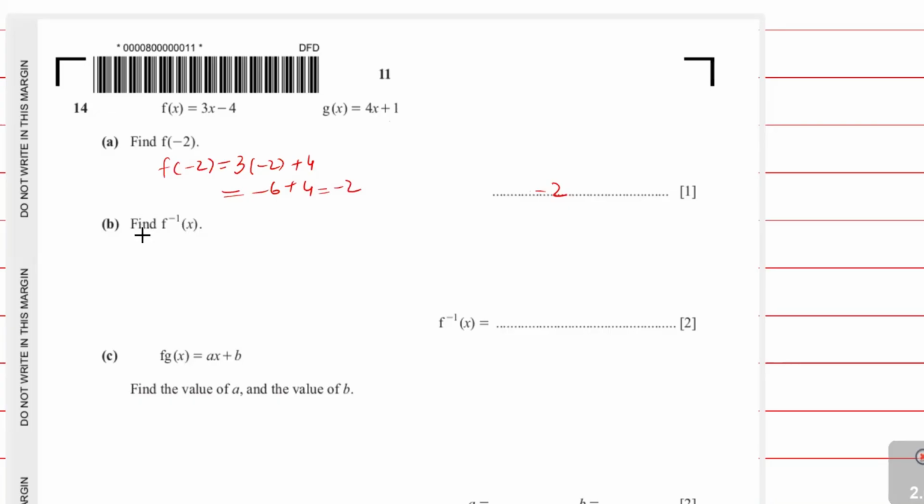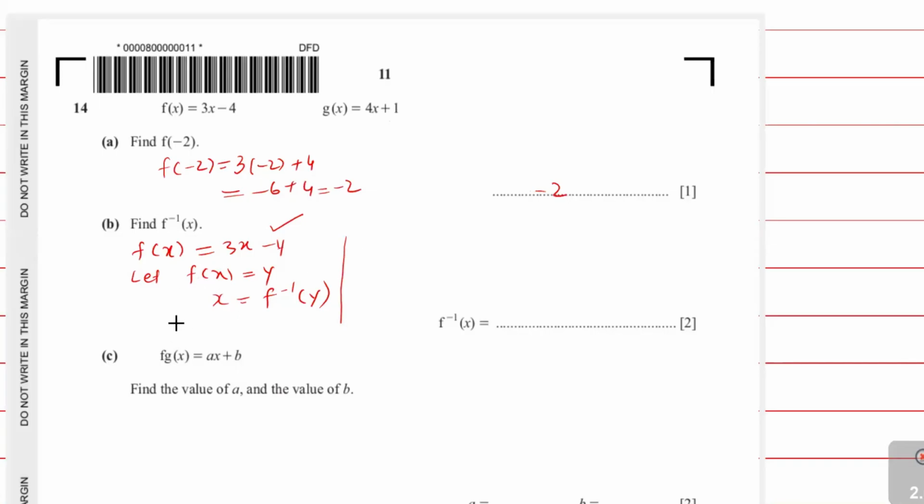Next, find f inverse of x. Look here, f of x equals 3x minus 4, and let f of x equal y, therefore x equals f inverse of y. If we make x the subject in this equation, we get f inverse of y.